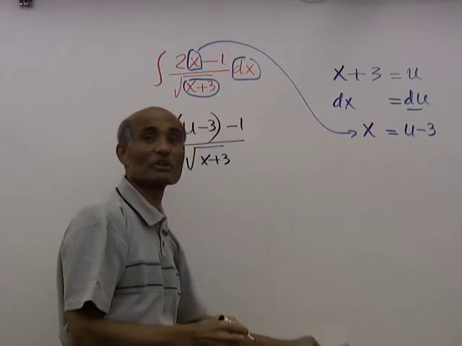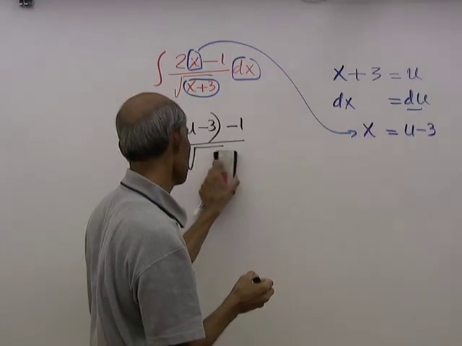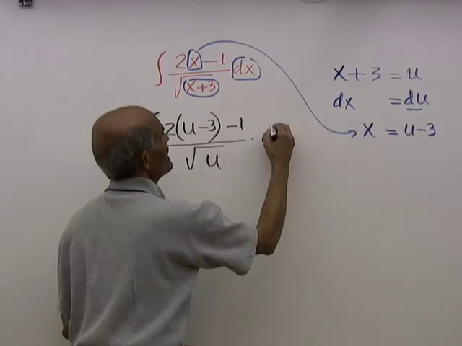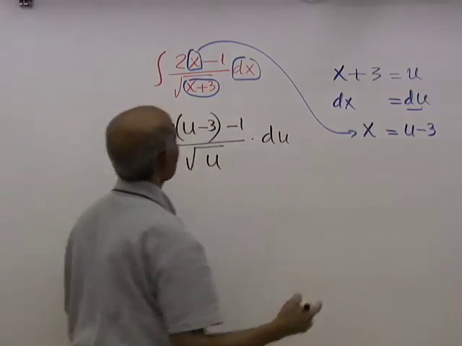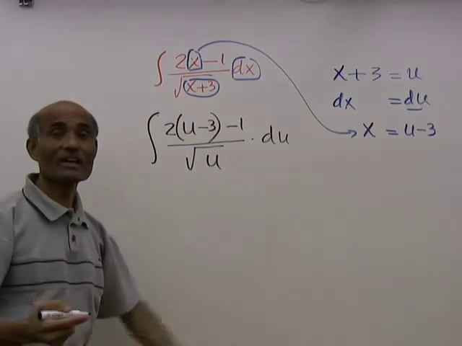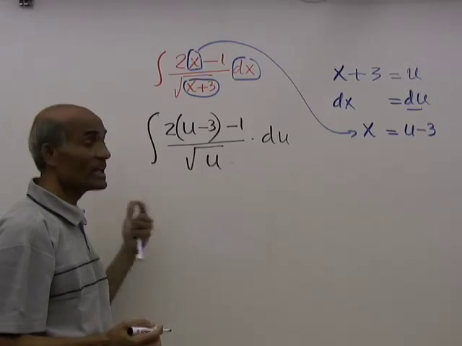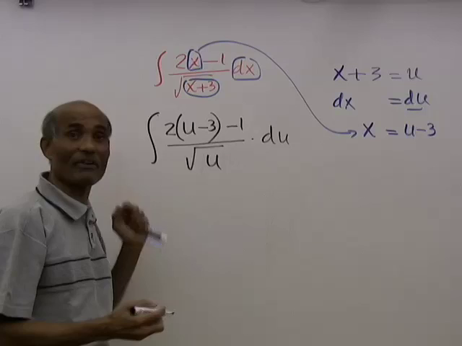Oops, our x plus 3 is our u, so square root of u, times dx, which is du. You can see now everything is reduced to our substitution. What we now need to do is try and simplify this.